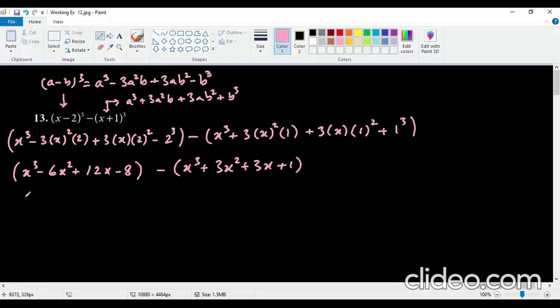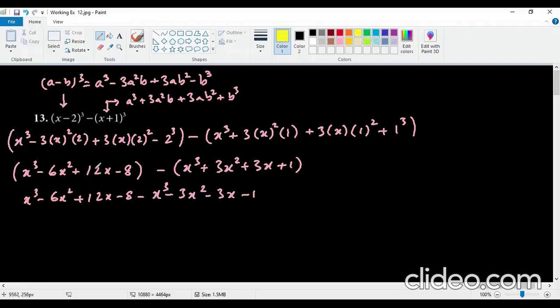Now in here we are going to be using minus plus 12x minus 8. This minus is going to make this x cube minus 3x square minus 3x and minus 1.